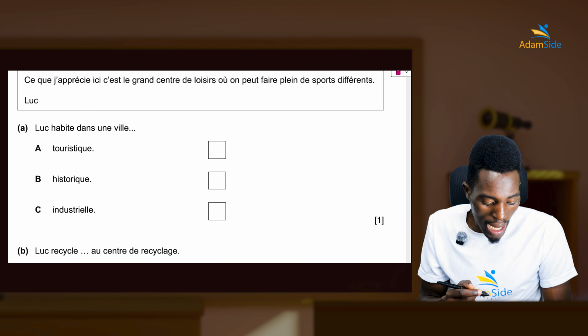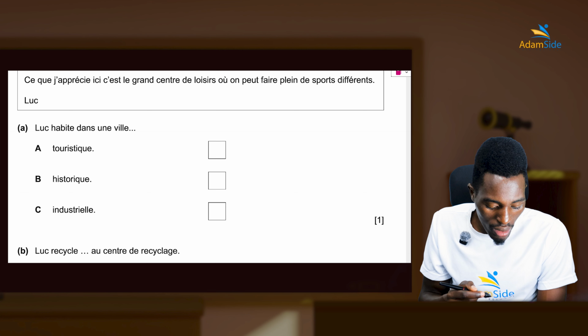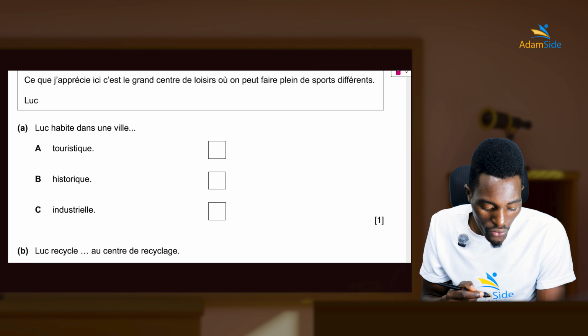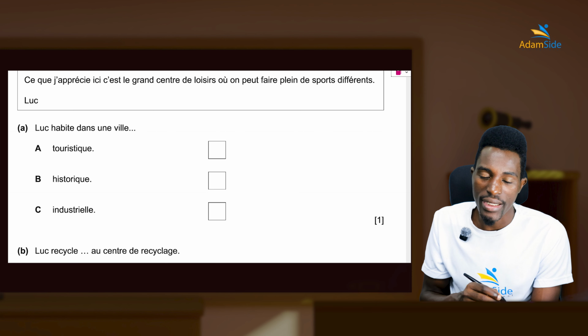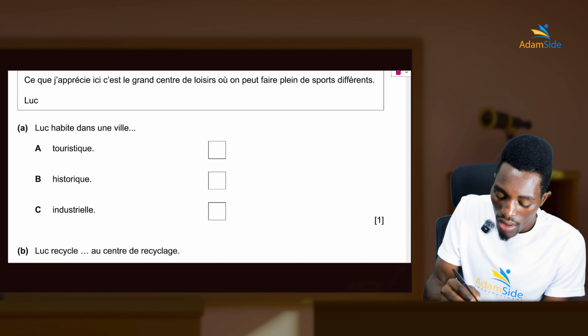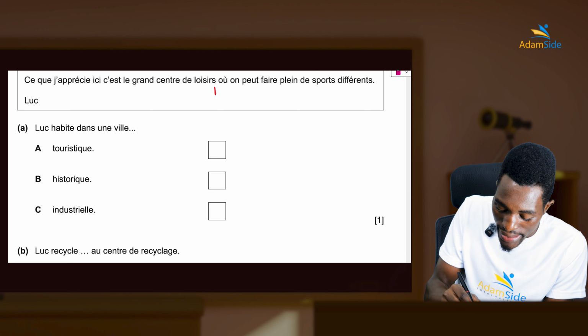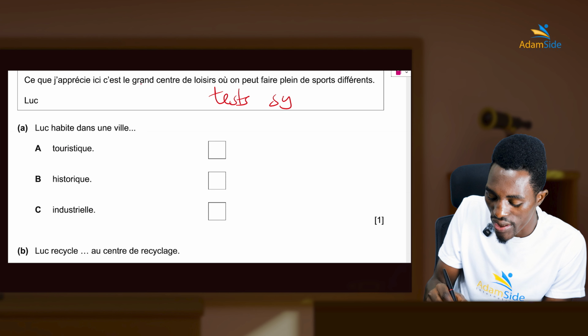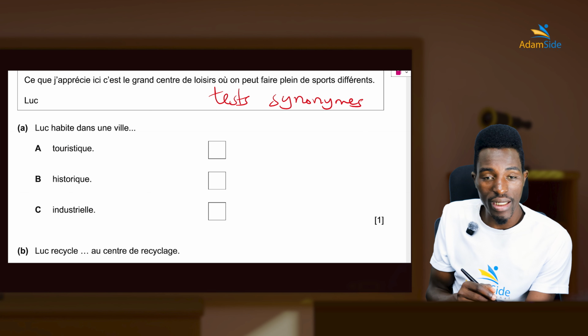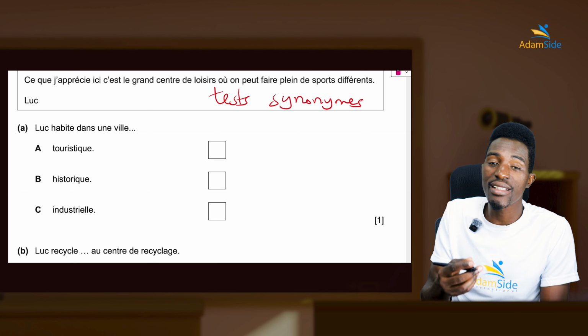Question A is, Luc habite dans une ville. So before I start answering this question, you have to understand that this question, question 3, tests synonyms. To answer question 3, they just ask for synonyms.